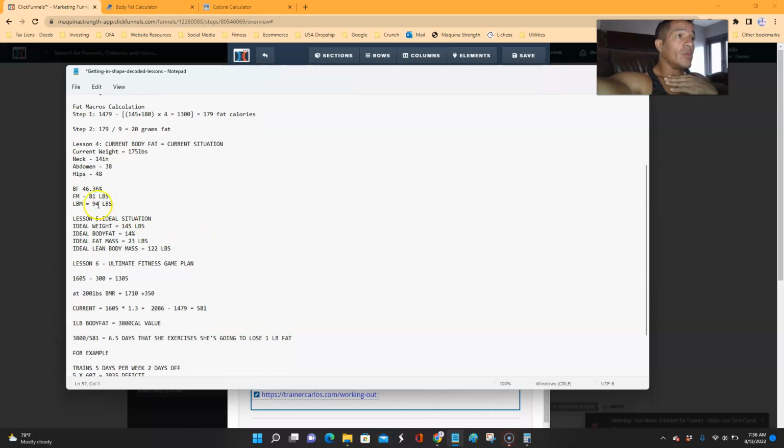So lean mass, right? Current is 94 pounds. Ideal lean body mass is 122.